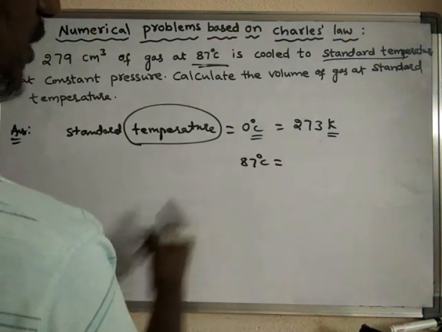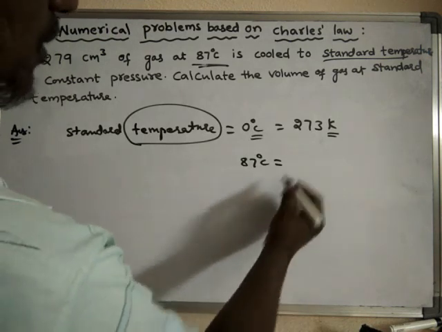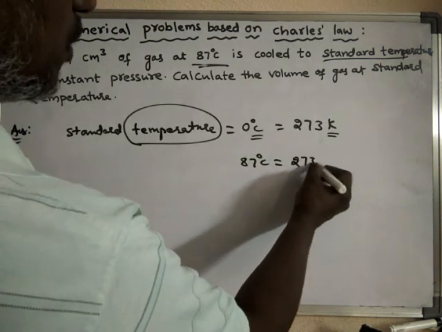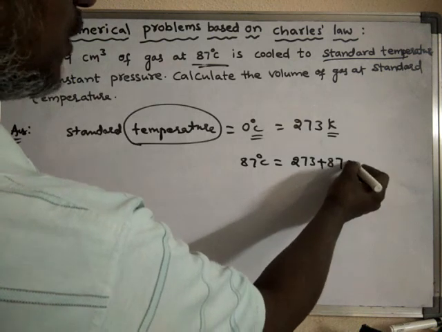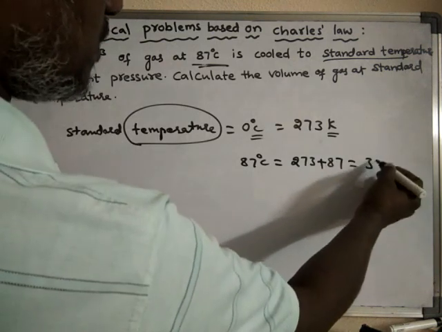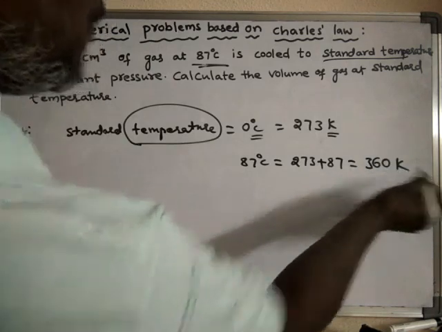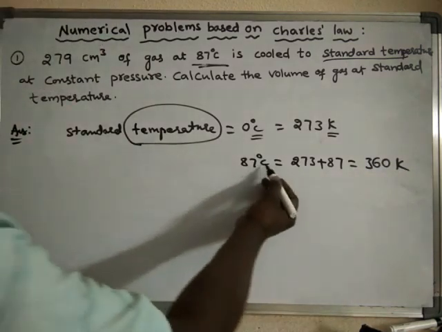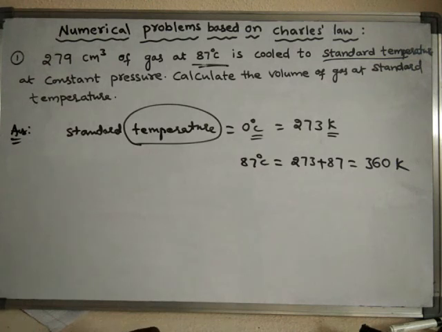In order to convert it into kelvins, simply 273 plus 87. So how much will it be? 280 plus 80, that means 360 Kelvin. 87 degrees centigrade is equal to 360 Kelvin.